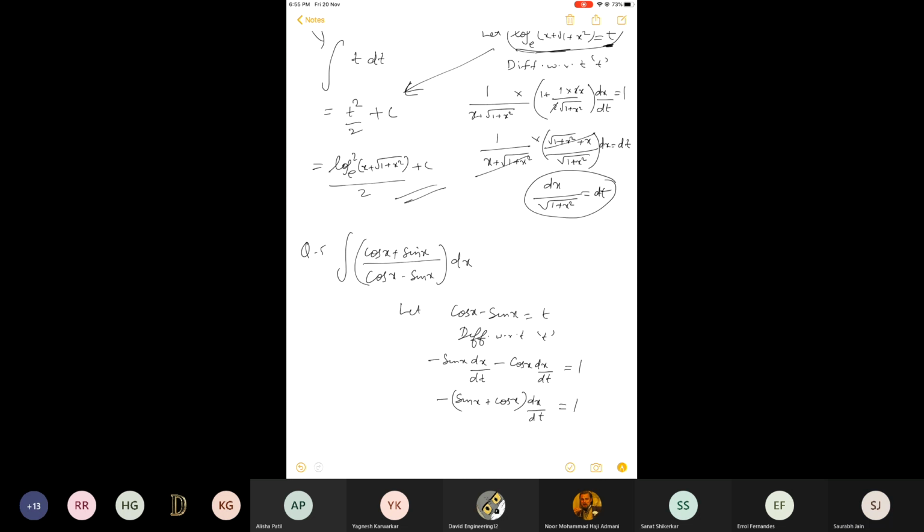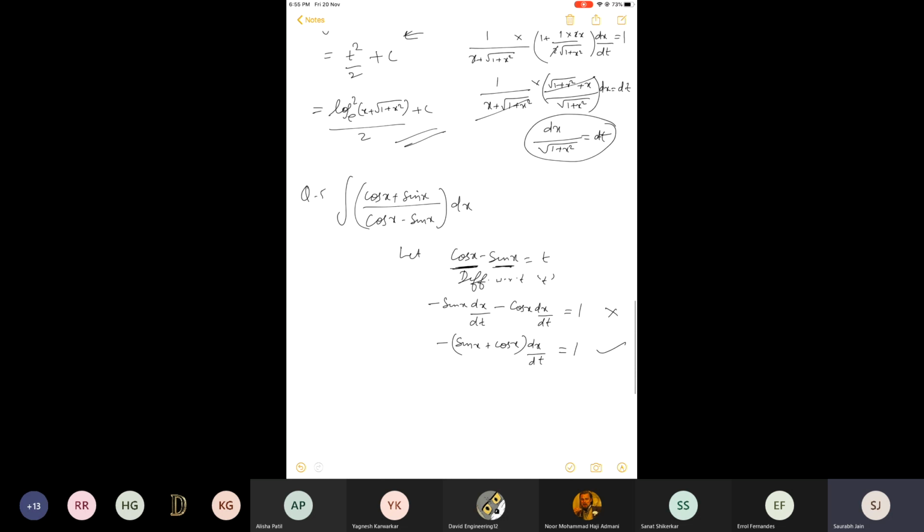What is the alternate way to write? Differentiate cos minus sin x minus cos x, and then I will make a bracket, and finally I will write into dx by dt. So I won't write this step, I will directly write this step. But ultimately what I am doing, I am differentiating and using chain rule. Either way, you should be able to understand how I am writing those steps.